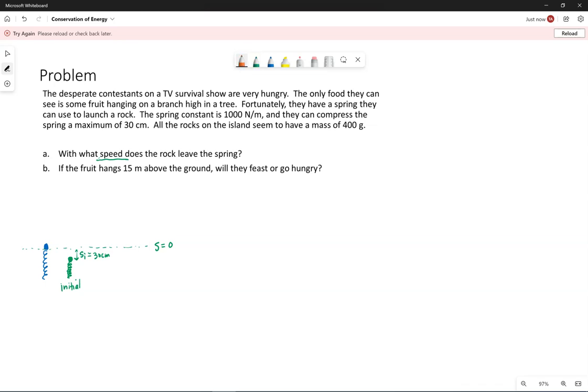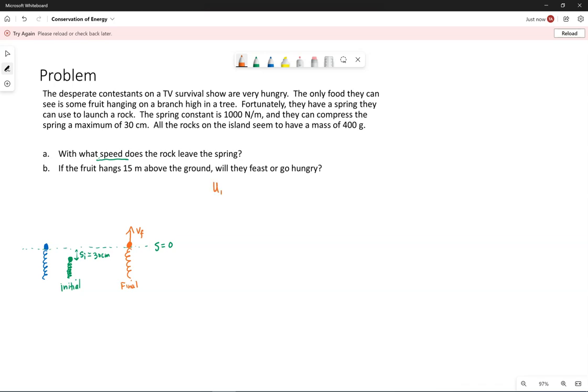The spring will keep pushing on the rock until it leaves the spring with some final velocity. So at my final moment in time, the spring is back to its original equilibrium state. The v final is how fast the rock will be traveling.